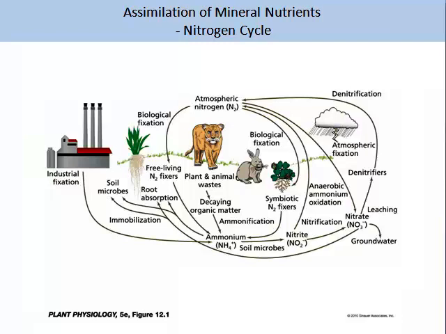You can see the interconnectedness of how animals and plants fix and use nitrogen, along with the role of the atmosphere and industrial fixation. I will also draw your attention to groundwater leaching.